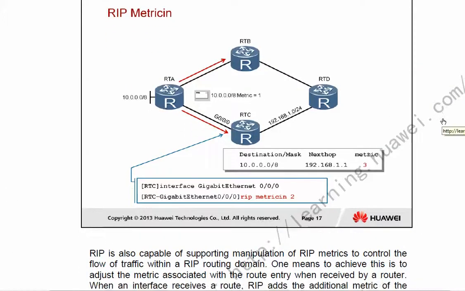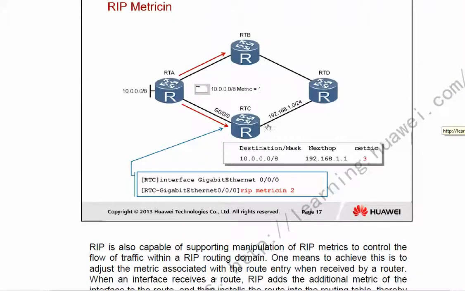RIP metric in. You can use this command to control the routing. By default, 10.0.0.0 has a RIP metric of 1, but you can configure on this interface to change the metric to 2.